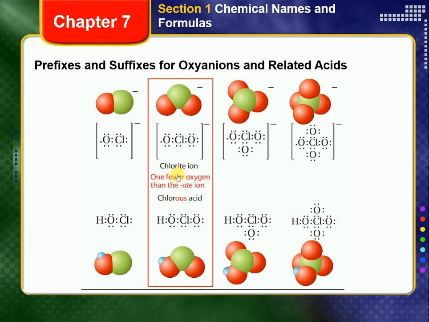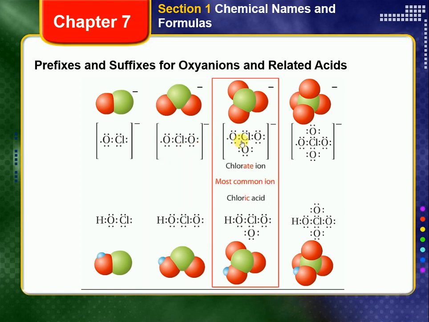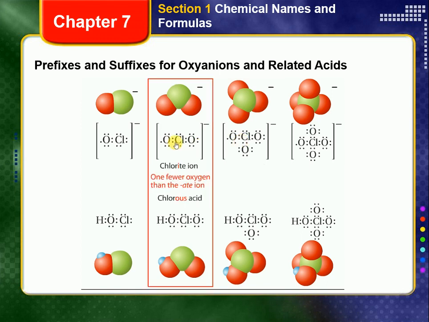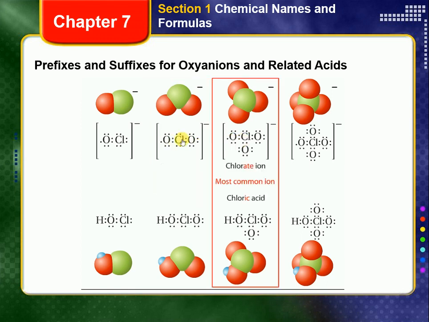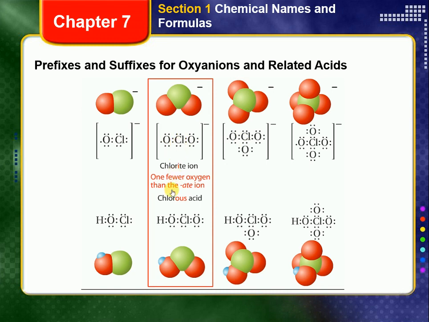But if we go the other way, instead of adding oxygens, if we have them go away, notice here we only have 2 oxygens. This is the chlorite ion. The ITE indicates 1 fewer oxygen than the ATE ion. So this isn't ClO3, this is ClO2.